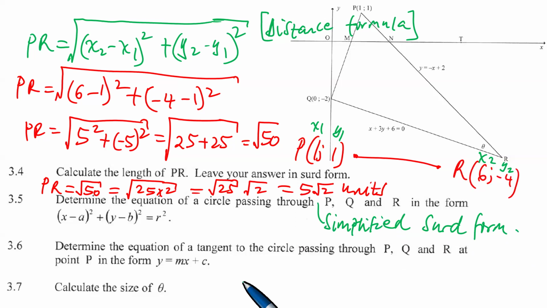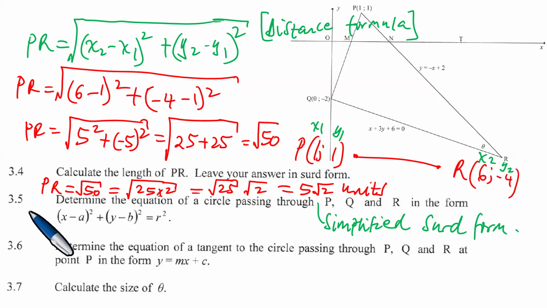This is what we have. The examiner said, leave your answer in surd form. What is a surd? Well, a surd here is the square root of 2. The square root of 2 is a surd, because the square root of 2 is irrational. If the square root of a number is irrational, it is called a surd.